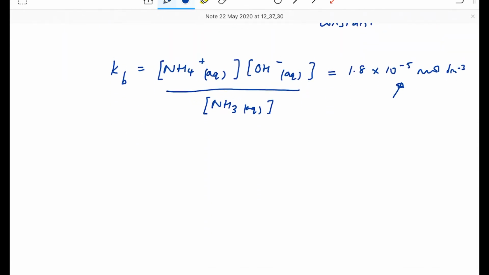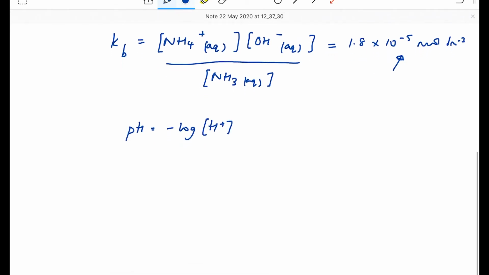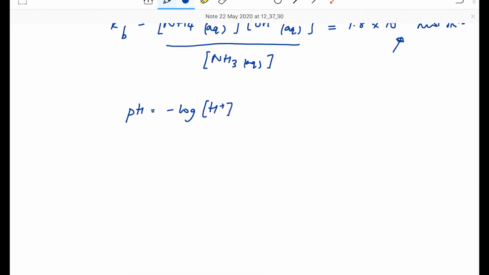How would I use this to find the pH? Because pH, as we know, is minus the log of the hydrogen ion concentration, but I don't have a hydrogen ion concentration here. Okay, so a few tutorials back, we looked at the ionic product of water, Kw, the degree to which water self-ionizes, and we saw that that expression could be written as so.